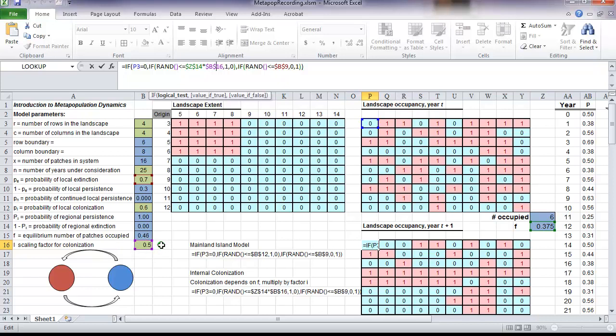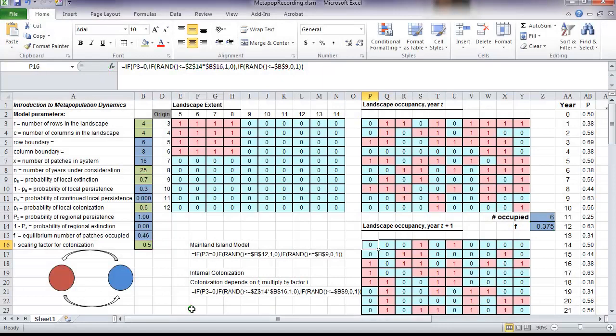So if you make I large, then colonization is strictly a function of the fraction of patches, and if you make I smaller, then you're going to be decreasing that probability by some amount.